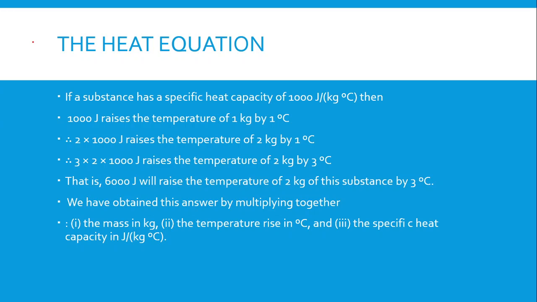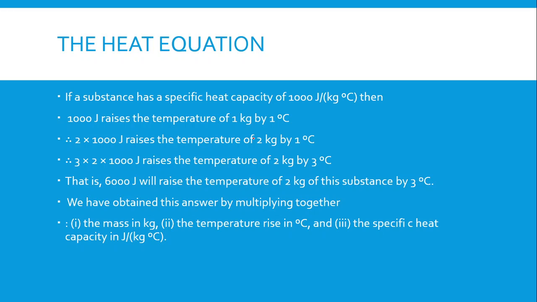If you multiply that by 2, so you have 2 times 1,000 joules, then it raises the temperature of 2 kilograms of an object by 1 degree. So if you want a 3 degree rise, then you will require that specific amount of heat multiplied by 3.